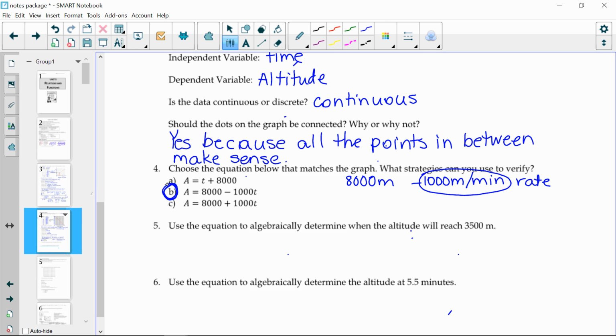Now we're going to use the equation to algebraically determine when the altitude will reach 3,500 meters. Okay, so our altitude A is equal to 3,500 meters. We need to know what is our time. So we're calculating time. So use your equation. A equals 8,000. Take away 1,000 t.